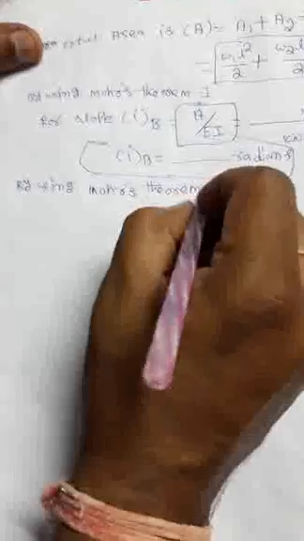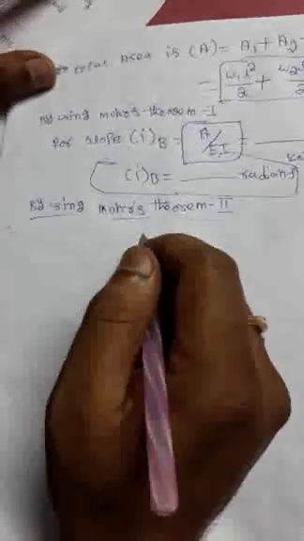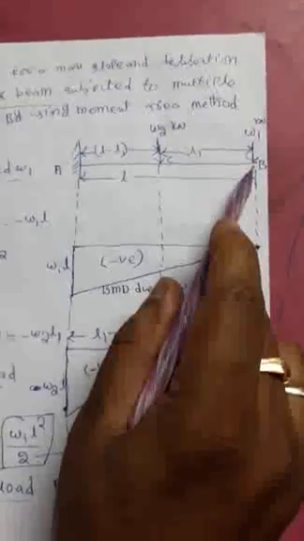Next, Mohr's theorem 2 gives the deflection at B. For the total diagram, the deflection and slope occur at B, so we find the slope and deflection at B only, that is theta B and Y B.